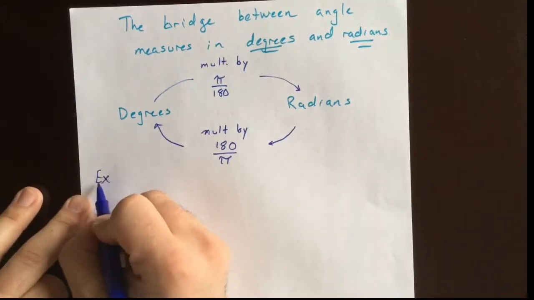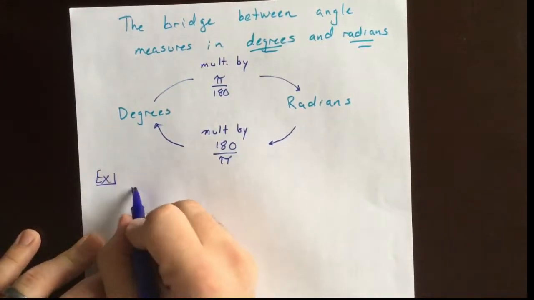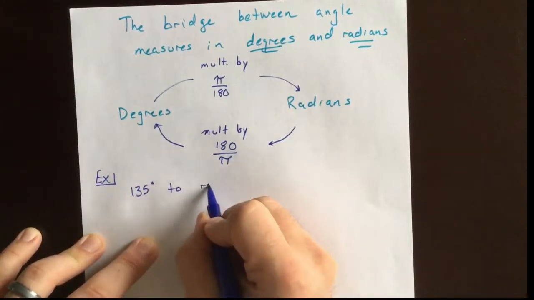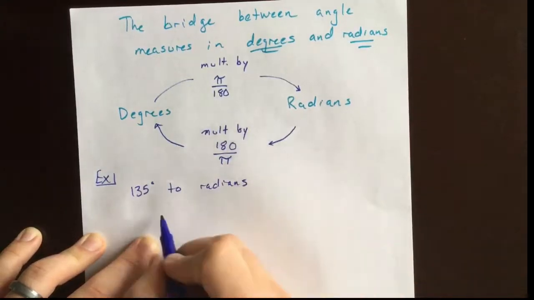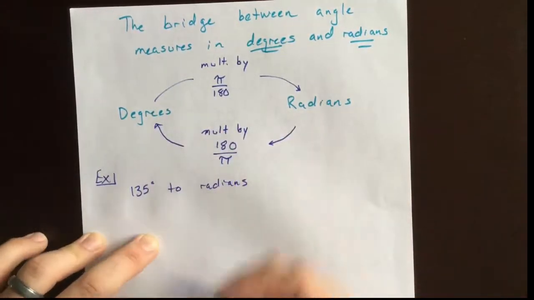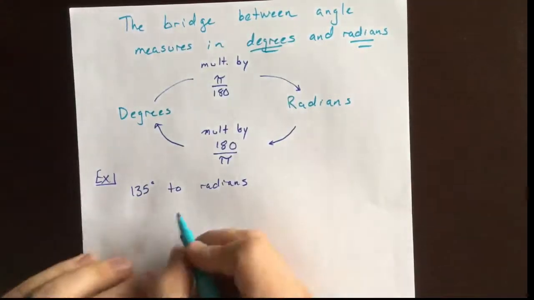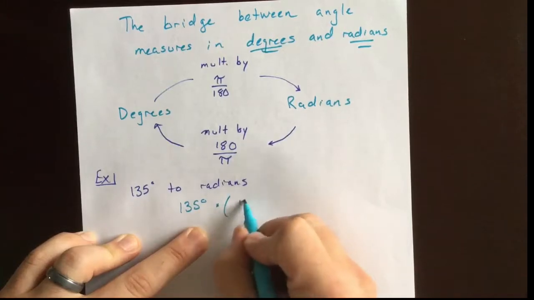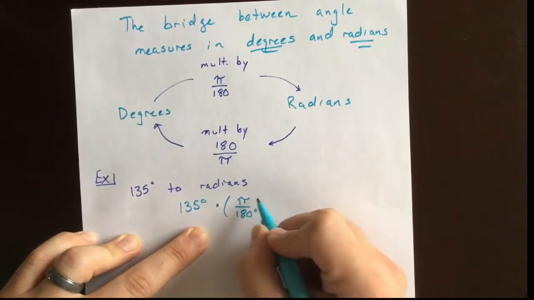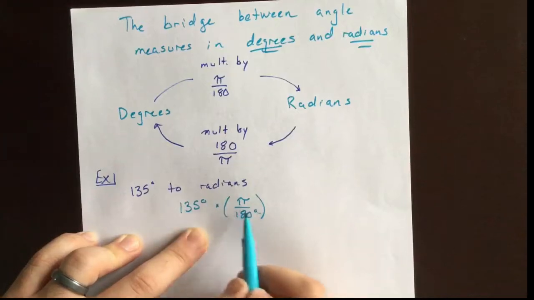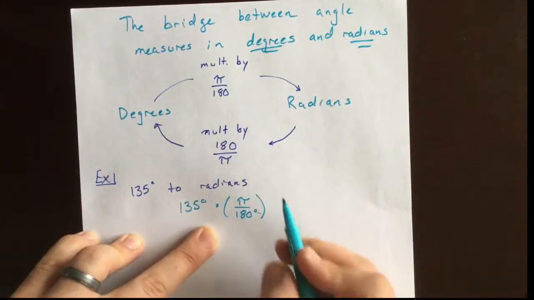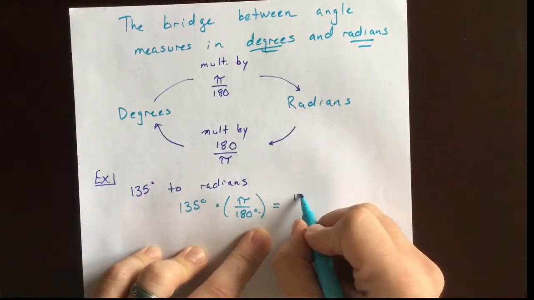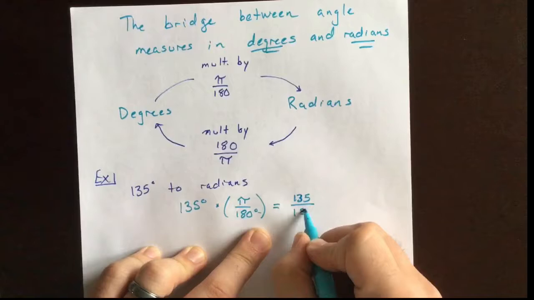So I'm going to go through a couple examples with you just converting from one to the next. Let's convert 135 degrees to radians. So I'm in degrees, going to radians. According to this, I multiply by pi over 180 degrees. Notice how my common units are diagonal to each other: one's on top, one's on the bottom. So 135, I'm going to divide that by the 180.